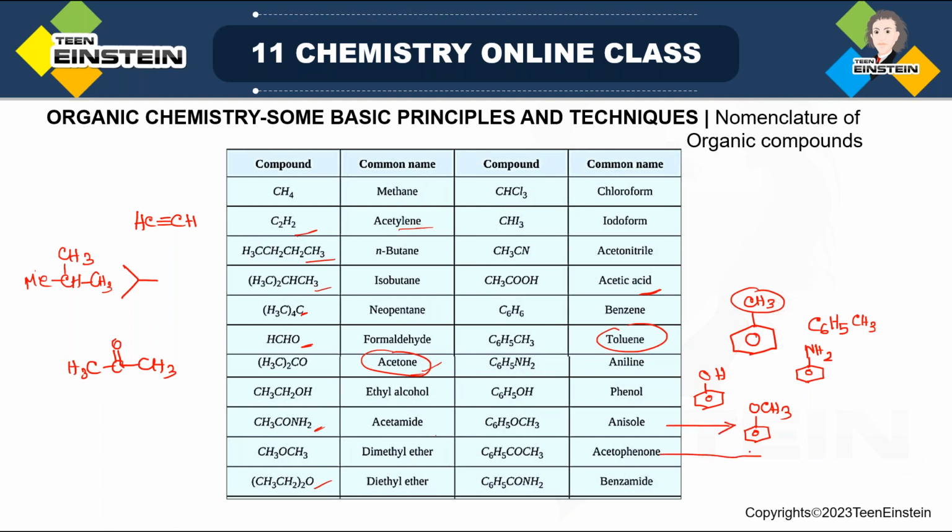Then acetophenone, which is C double bond O, CH3, attached to the benzene ring. Then we have benzamide, where the amide group, CONH2, is present on the benzene ring. So these are some common or trivial names for different organic compounds.